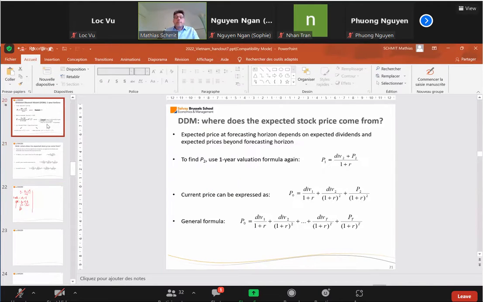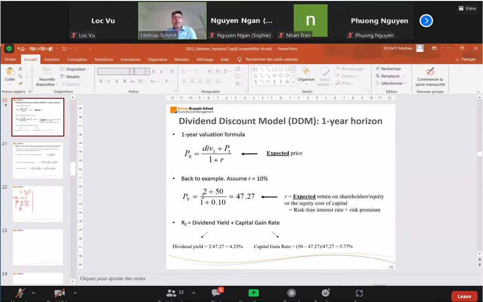So if I calculate here, my expected return on my share, 10%, can be split into the dividend yield, 4.23%, and the capital gain, 5.77%.